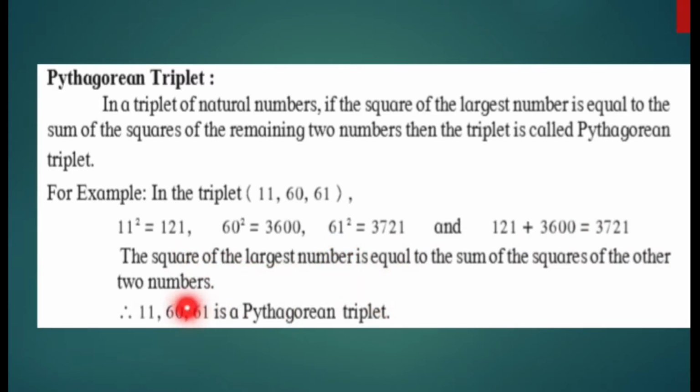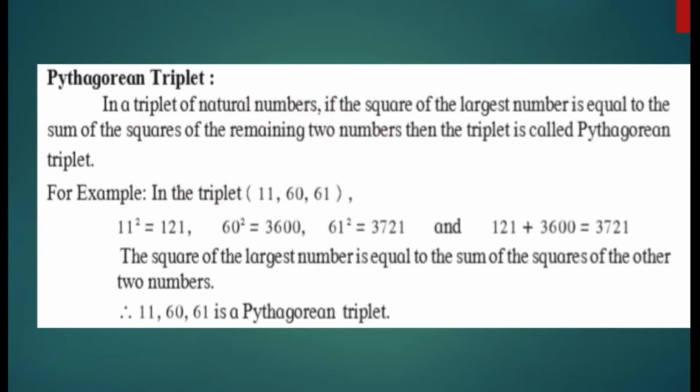So from this we say that these three numbers 11, 60 and 61 are a Pythagorean triplet. Therefore 11, 60, 61 is a Pythagorean triplet. So what we conclude from this: the square of the largest number is equal to the sum of the squares of the other two numbers. This is a Pythagorean triplet.